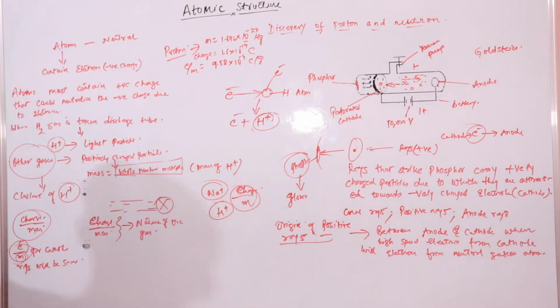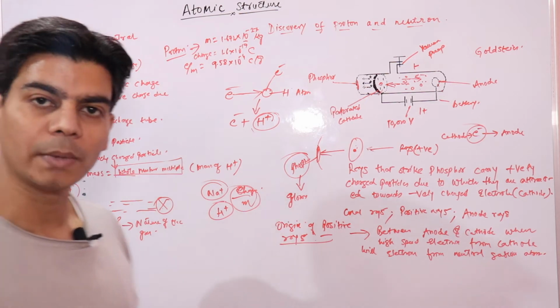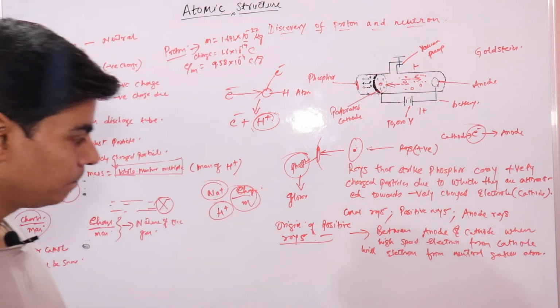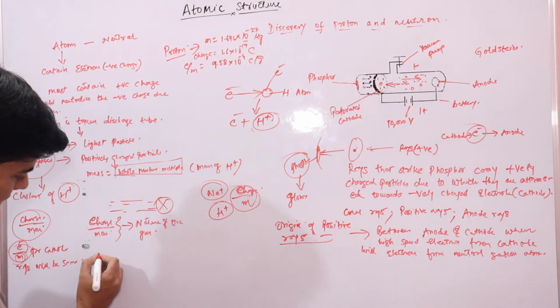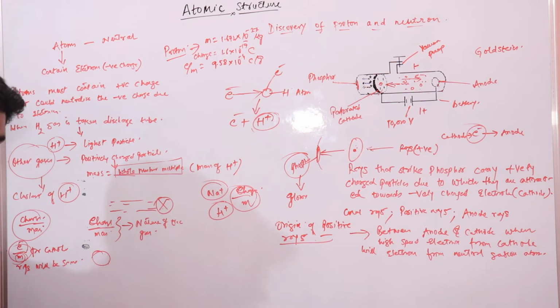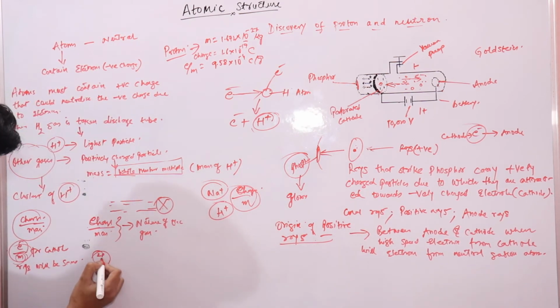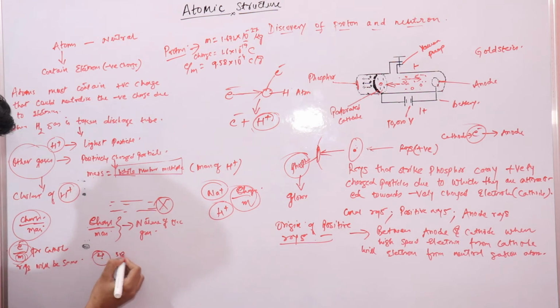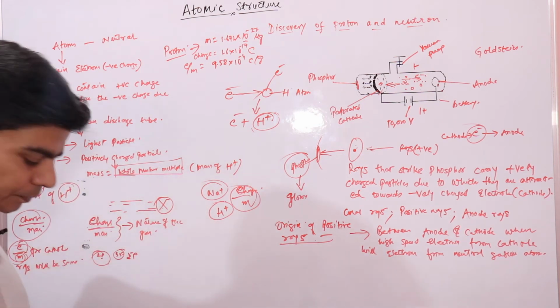That is why, when we draw the structure of an atom, inside the nucleus it has protons and neutrons, so we say it has 2 protons. When we talk about protons, it means hydrogen ions. So if any other gas has 2, 3, or 5 protons, its mass is 2, 3, or 5 times the mass of hydrogen ions, right?